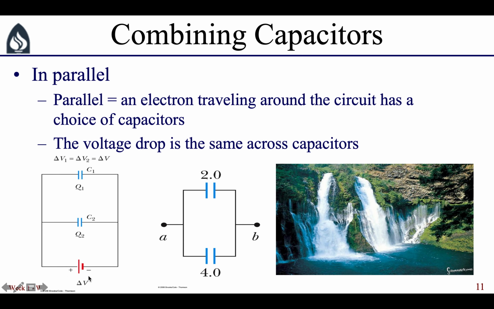So batteries act a bit like voltage pumps. Remember before we were talking about voltage as a height, and the higher the voltage for positive charges, the higher the height. So one way of thinking of circuits is that a battery is like a pump. It raises the current up to a higher potential.